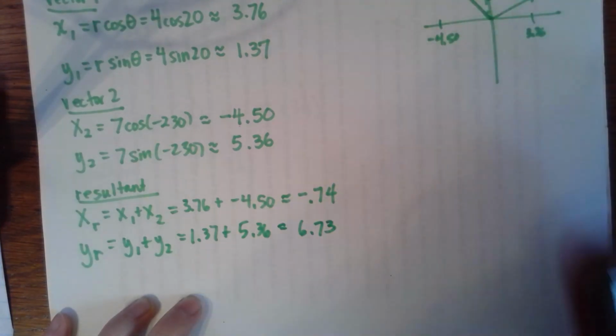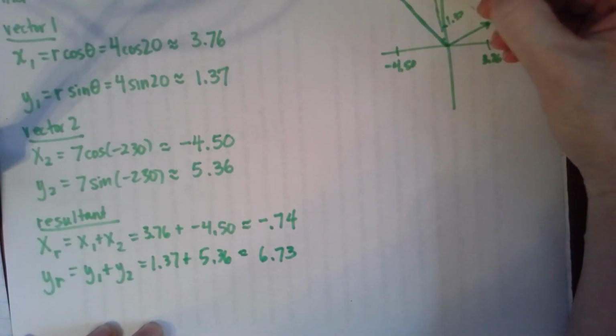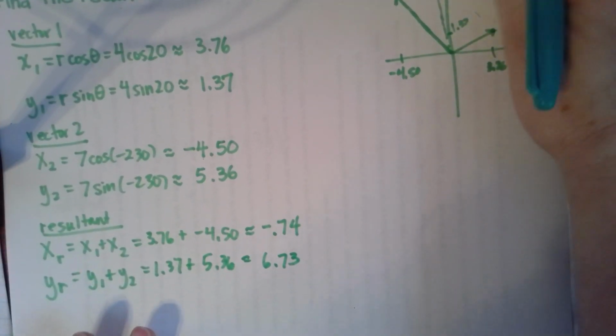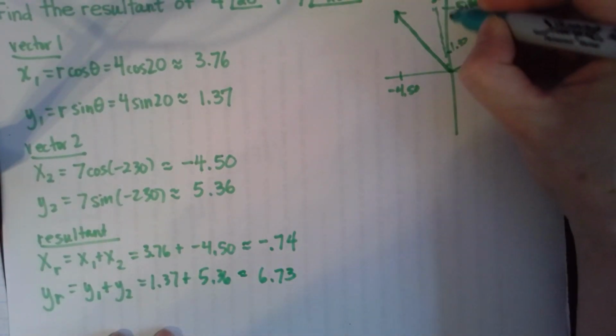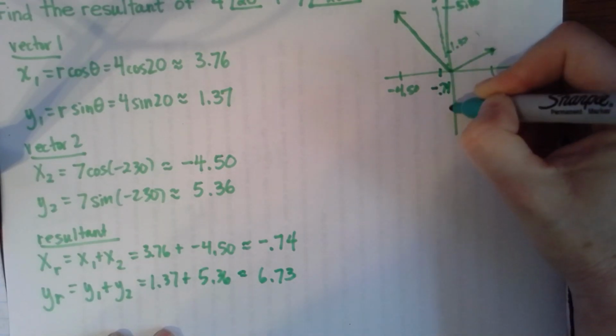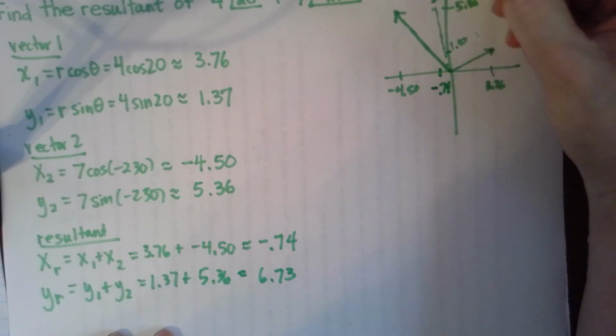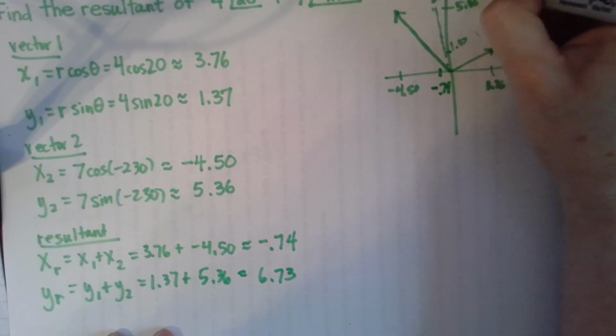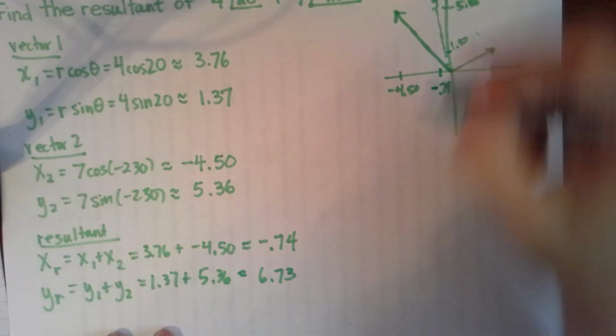Okay. And looking at my picture here, it's not super bad. This right here is our negative 0.74, and it goes up to 6.73. That would be our resultant.